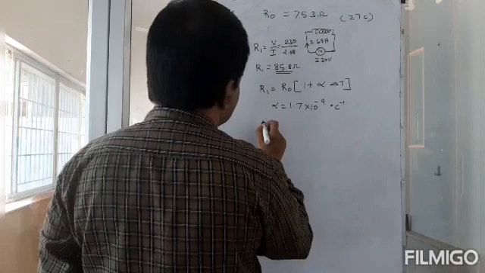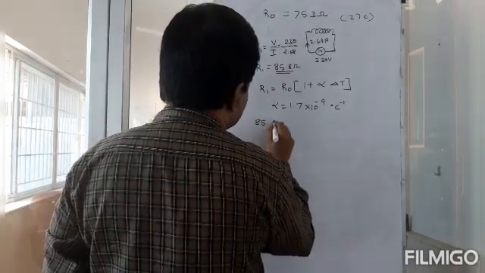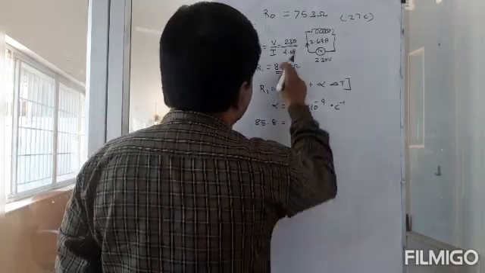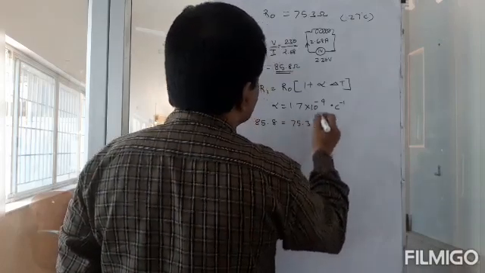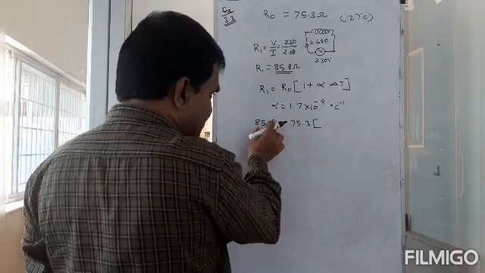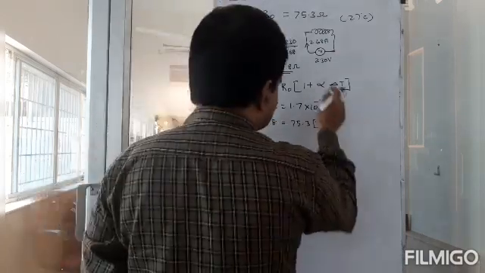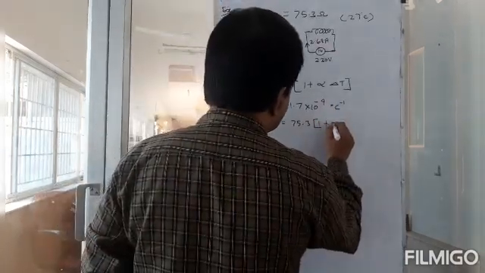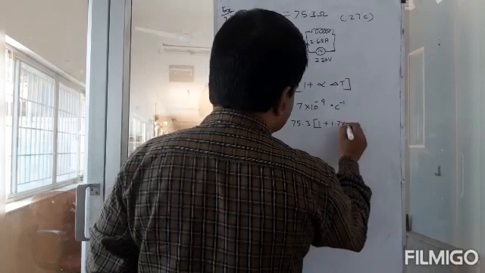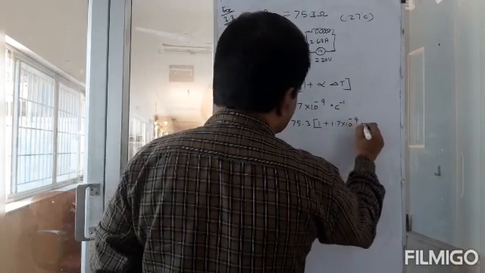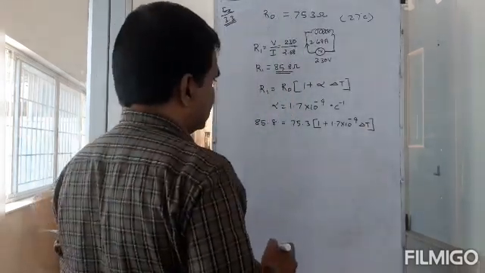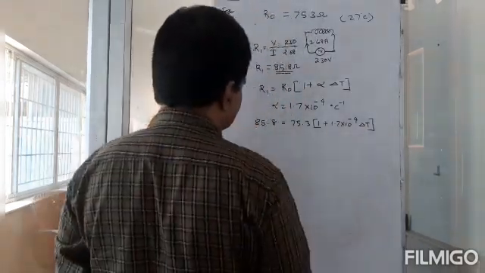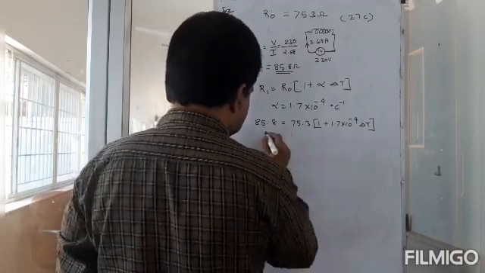So R1 is 85.8 ohms, equal to R0, which is 75.3 ohms, into 1 plus 1.7 into 10 power minus 4 into delta T. Okay, so what can we do now? We can take this, right?